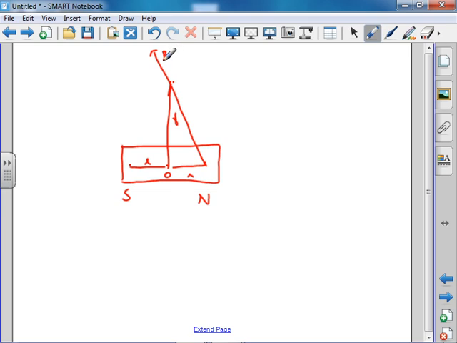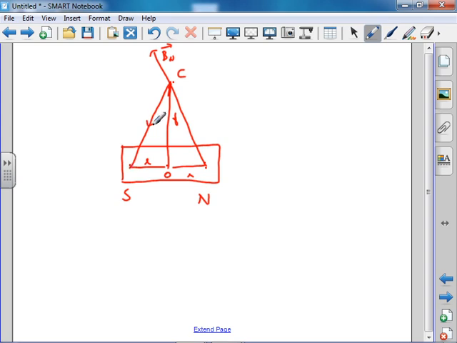So the magnetic field due to this north pole at point C is denoted by Bn vector, and the same magnet will exert an attractive force towards this south pole.